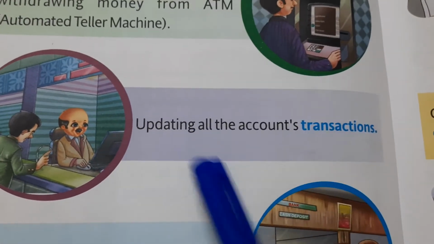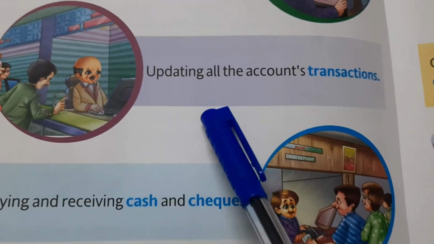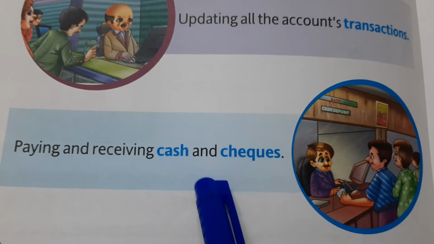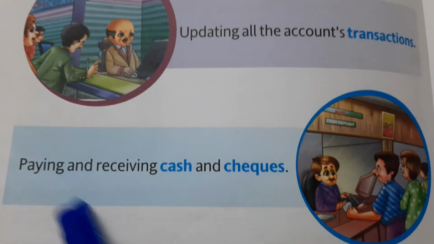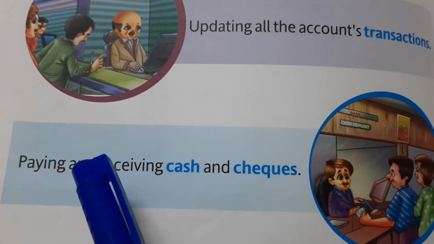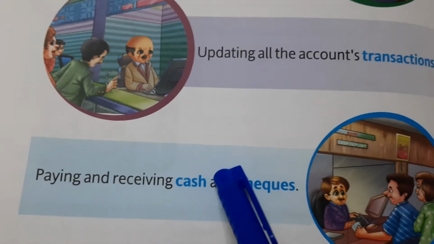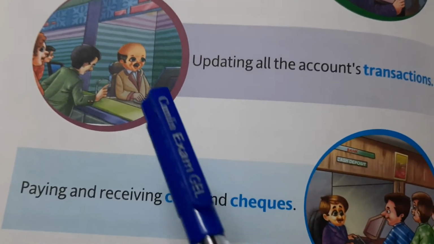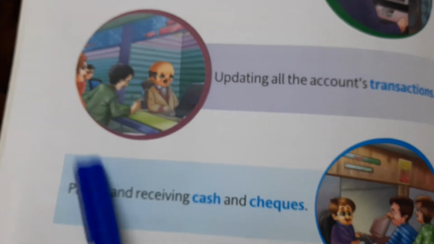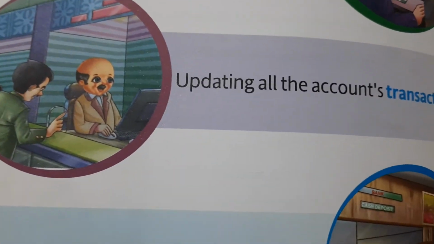It is also used for paying and receiving cash and checks, both for paying other people or bills, and for receiving cash and checks. We use computers very frequently. In fact, these days nothing can be done without the help of the computer.